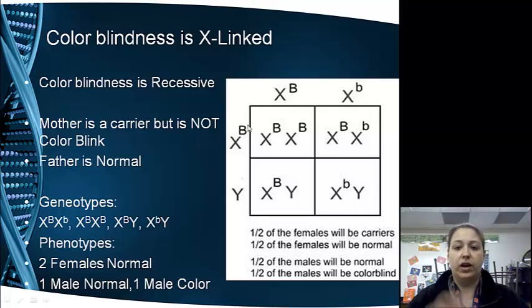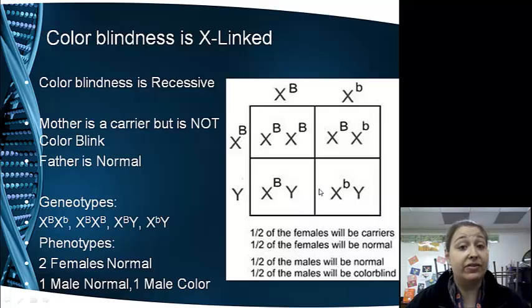Again, for a Punnett square, we're going to bring it down and across to get X big B, X big B. So this is a normal female. And then we have X big B, X little b. This female is also normal, but it is known as a carrier because it does carry one X that has the mutation on it.